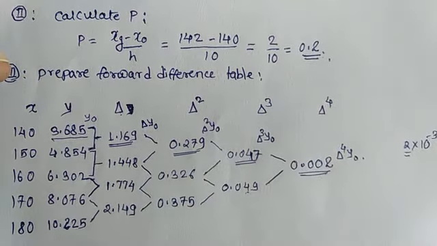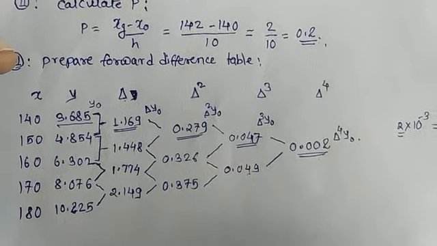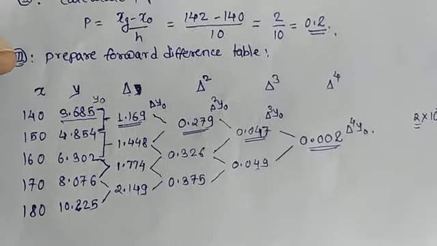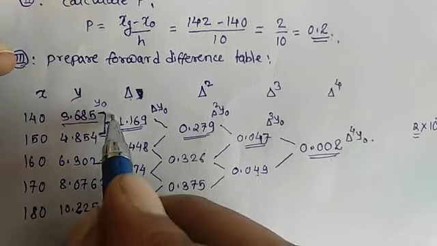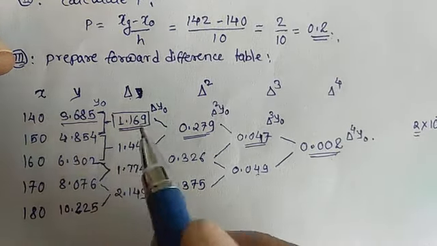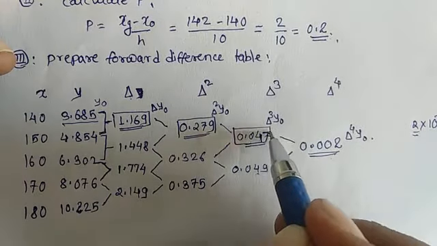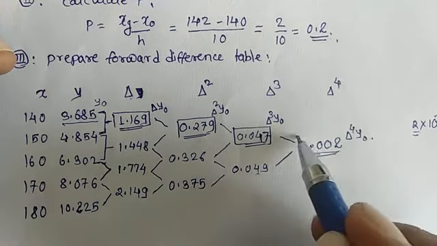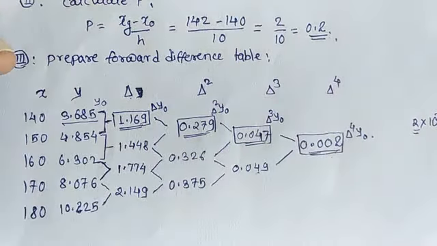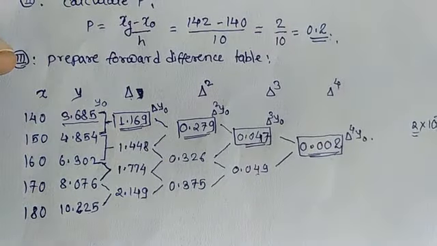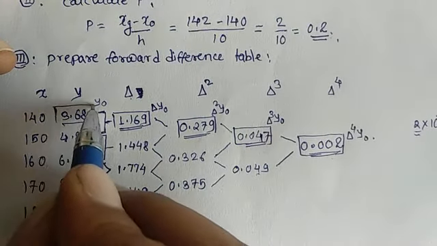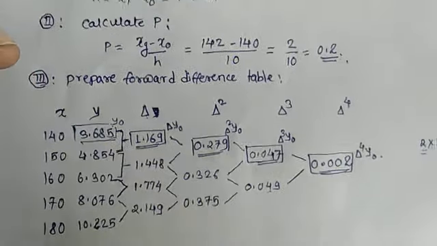These values are required in Newton's forward formula. So when you construct a forward difference table, after calculation we require the first value in each column.